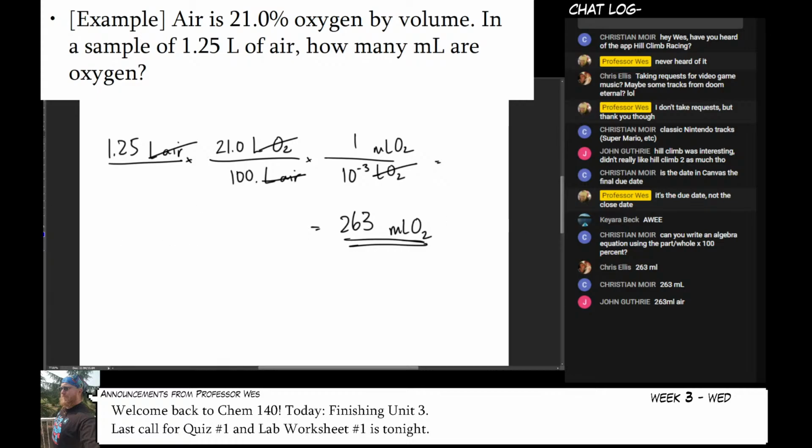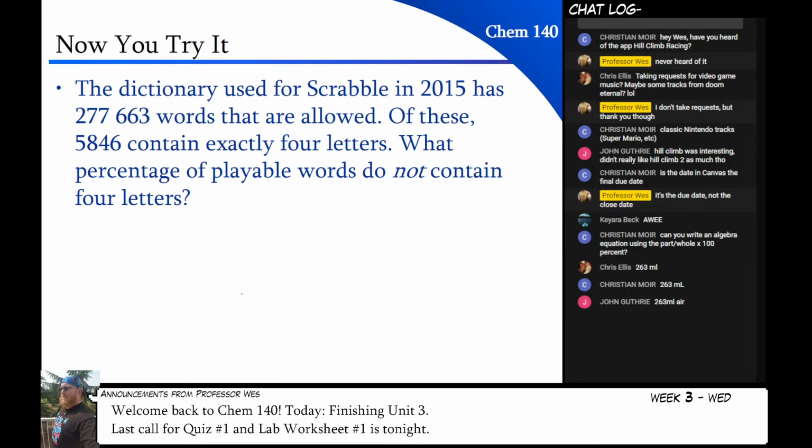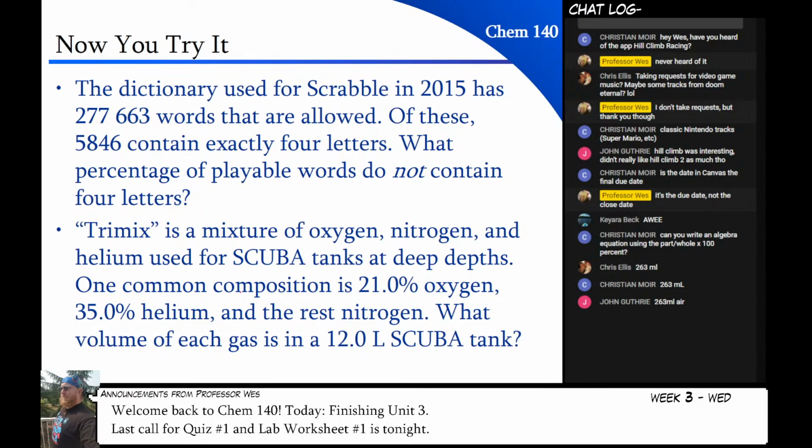All right, any questions, let me know. All right. So I have 2 percentage questions here for you to try. So in 2015, I checked a Scrabble dictionary, and there were 277,663 words that were allowed to be used in the game Scrabble. And of those, 5,846 had 4 letters in them.